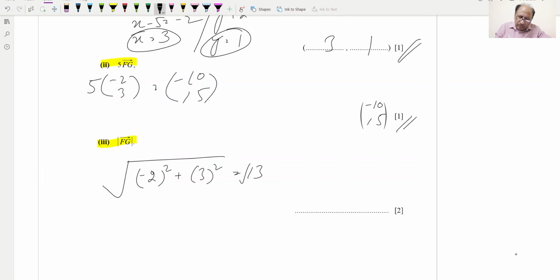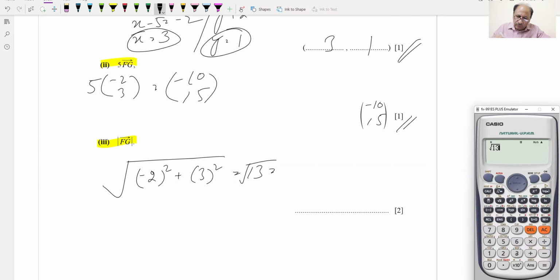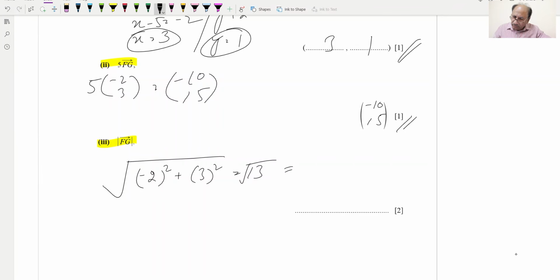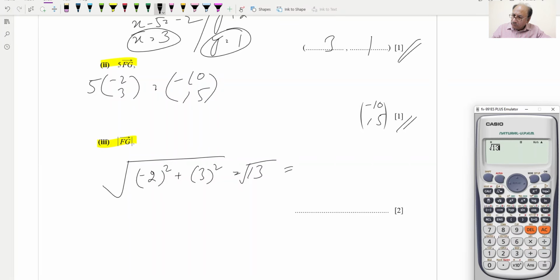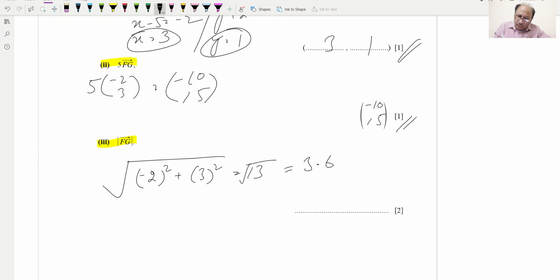We can calculate in decimal: the decimal value is 3.605, and we can round up to two decimal places, 3.61. This is a 2 mark question which we are done.